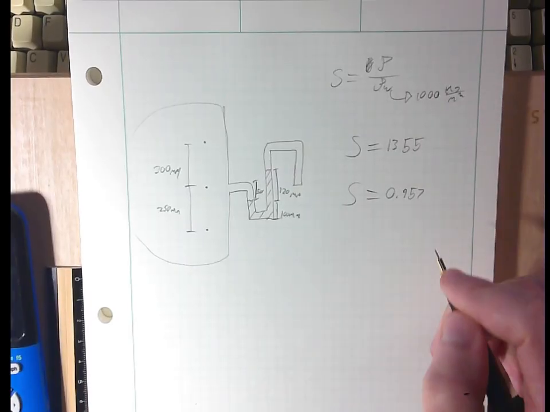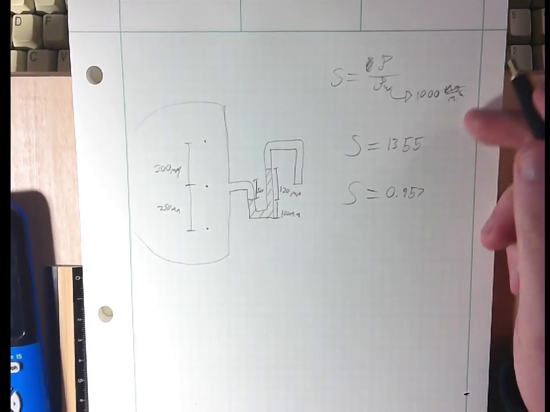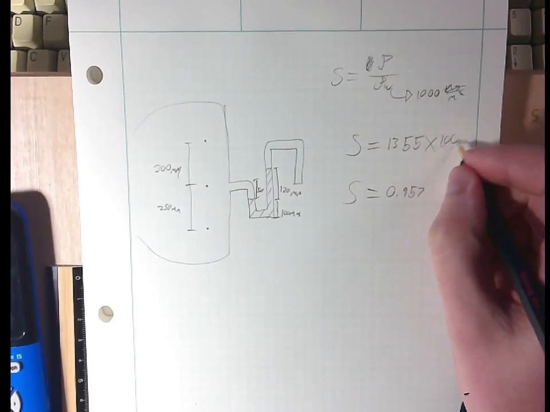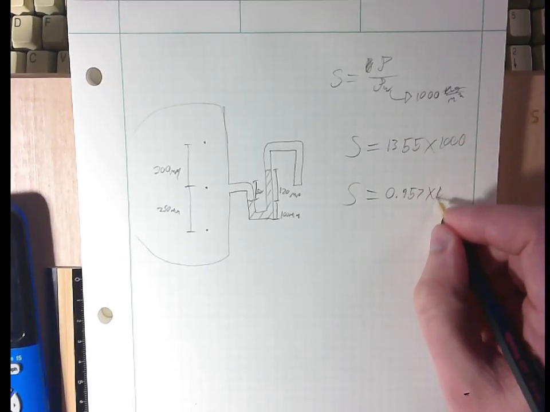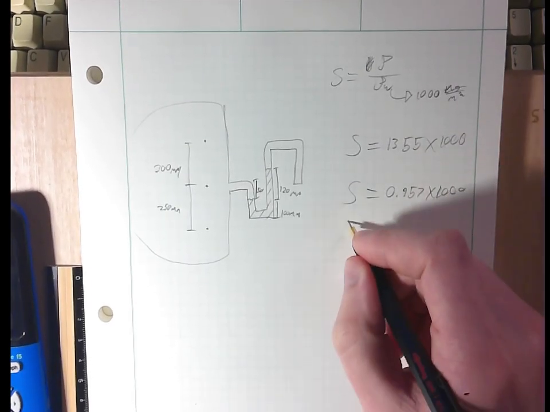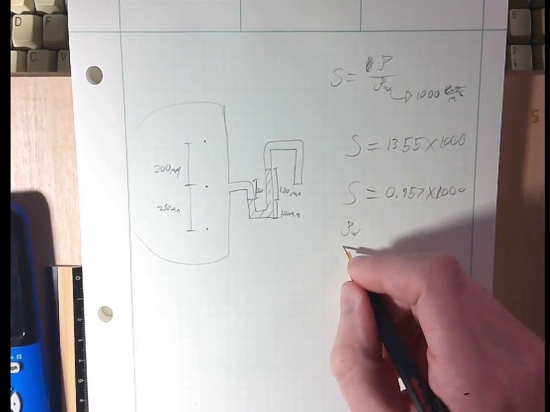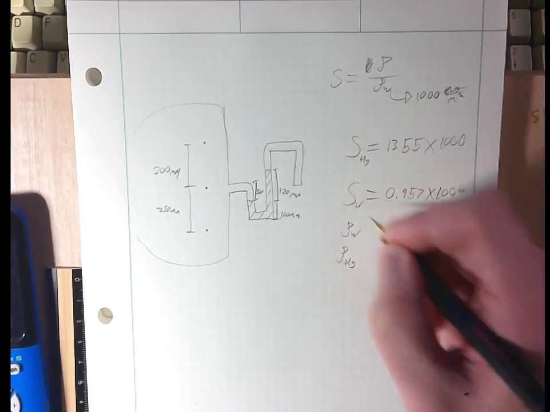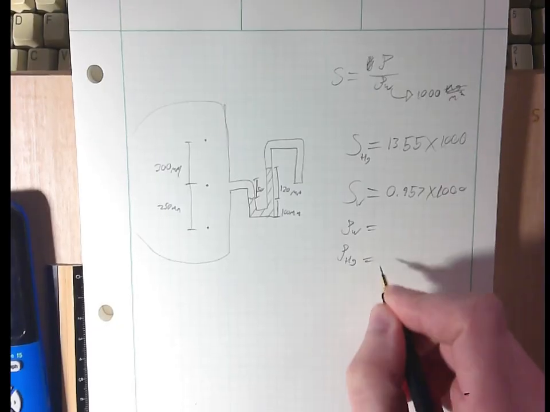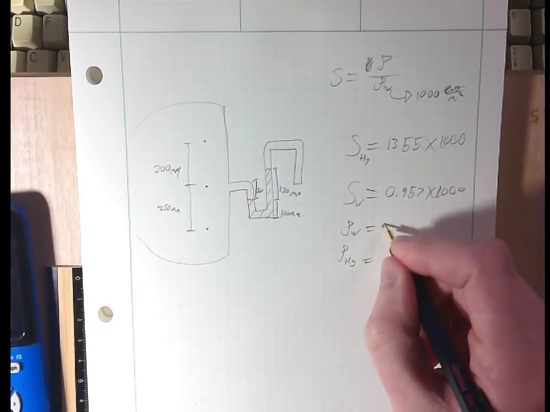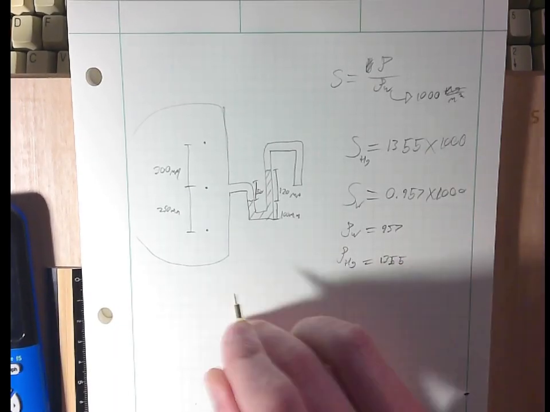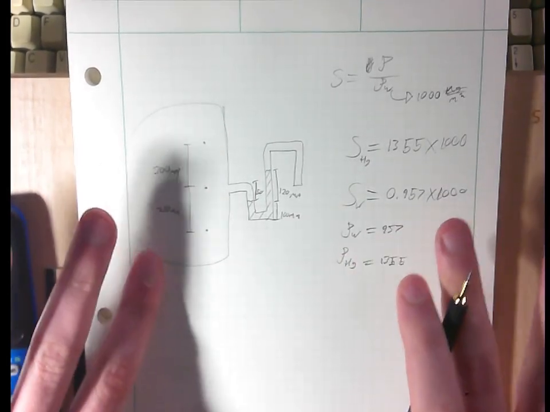The units aren't as important, so all we need to do to get these back to density is multiply these by 1,000. So now we've got rho W and then rho HG. Sorry, I forgot the HG here and the W here. So this is going to be 957. This is going to be 1355. Now we've gotten the setup.